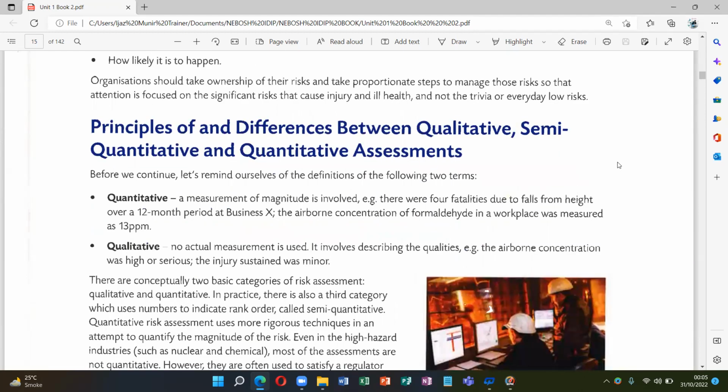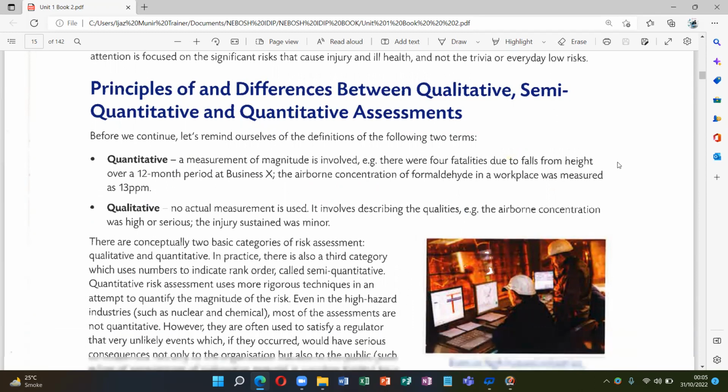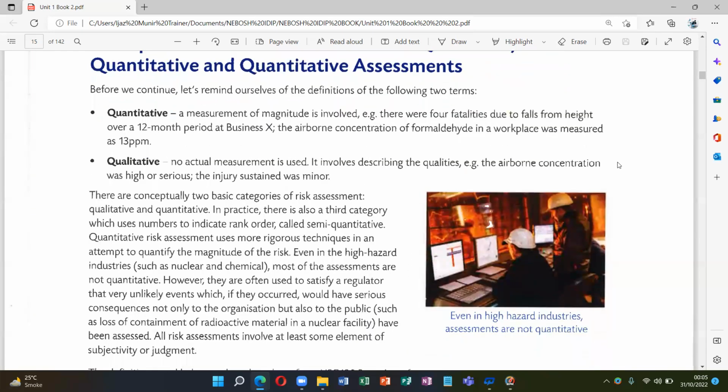Principles of the difference between qualitative, semi-quantitative, and quantitative assessments. Before we continue, let's remind ourselves of the definitions of the following two terms. Quantitative: a measurement of magnitude is involved. There were four fatalities due to falls from height over a 12-month period, or at distance x.